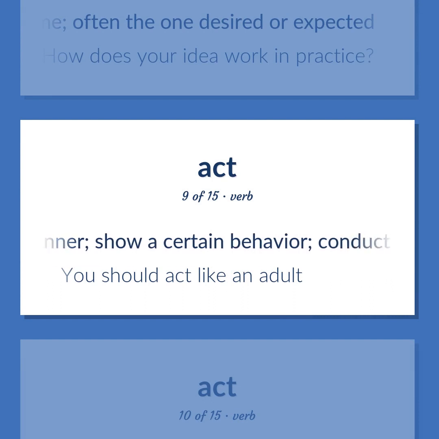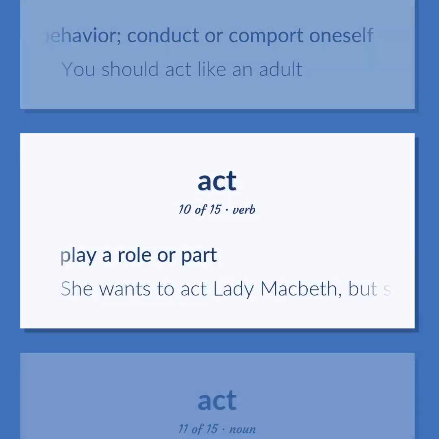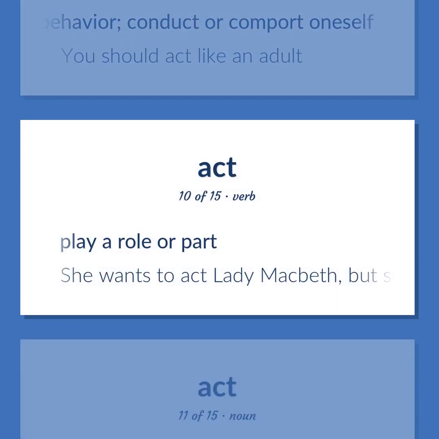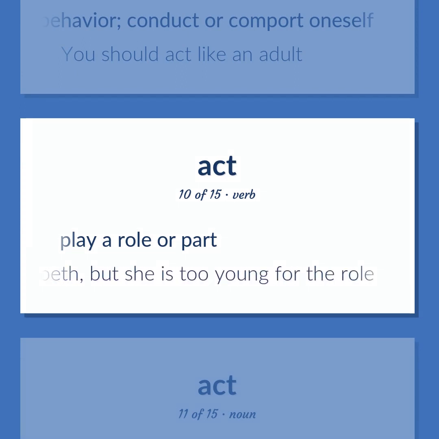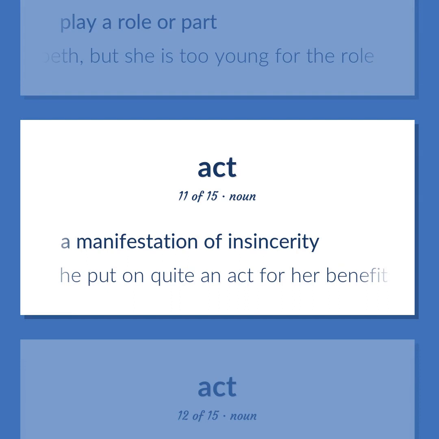Show a certain behavior, conduct or comport oneself. You should act like an adult. Play a role or part. She wants to act Lady Macbeth, but she is too young for the role. A manifestation of insincerity. He put on quite an act for her benefit.